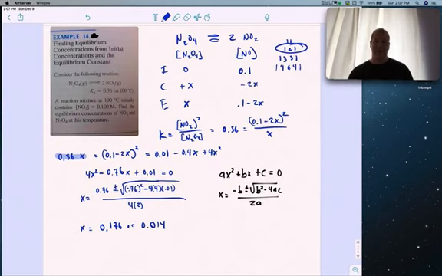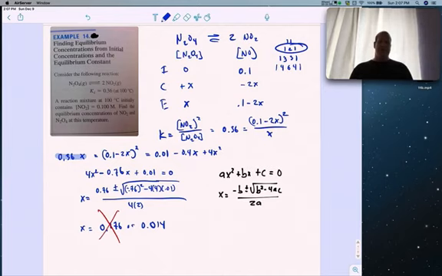If you look at this, if the initial concentration of nitrogen dioxide is 0.1, if we do 0.176, that's going to give us a really negative concentration. Because of that, we have to discount this value. And it's because of the fundamental theorem of algebra.